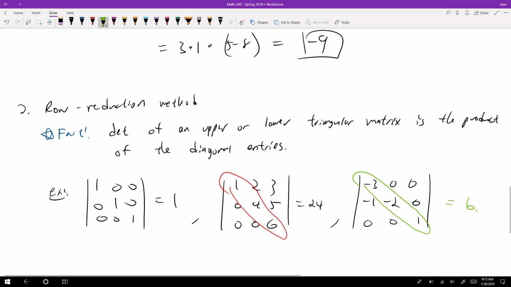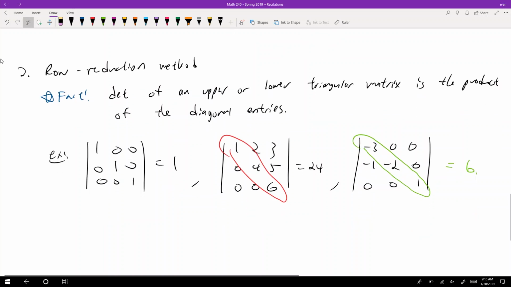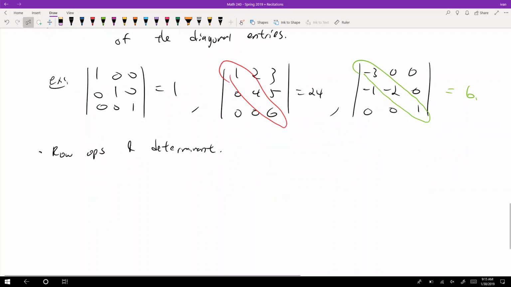Okay, so we use this fact. Another thing we need to use is the relationship between row operations and determinants. There's an interaction between performing row operations and finding determinants, and it's the following.